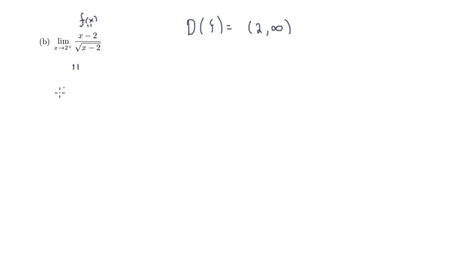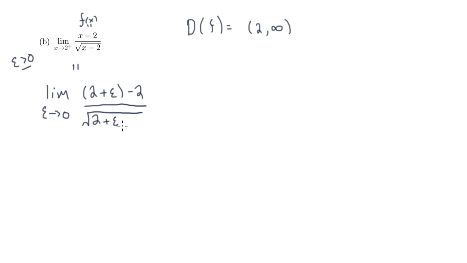So this limit, if I take epsilon, again, to be a very small positive number, then I just want to take the limit as epsilon goes to 0 of, well, when I see an x, I'm just going to replace it with 2 plus epsilon. So this is going to be 2 plus epsilon minus 2 over square root of 2 plus epsilon minus 2.